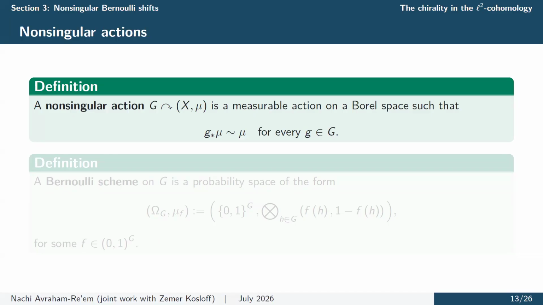Maybe the measure class of mu is preserved under the action of G, which means that if I push forward the measure mu by some group element g, I get a new measure, maybe not the original measure, but it is absolutely continuous with respect to the original measure. This is also called quasi-invariant action or measure class preserving action. It has other names, but let's stick to the name non-singular action. This is a general notion.